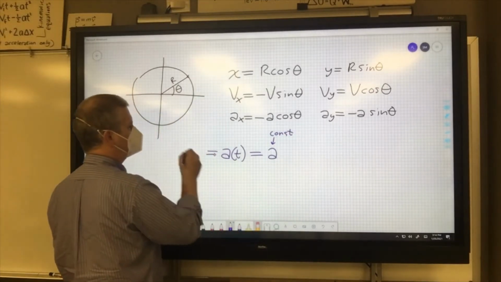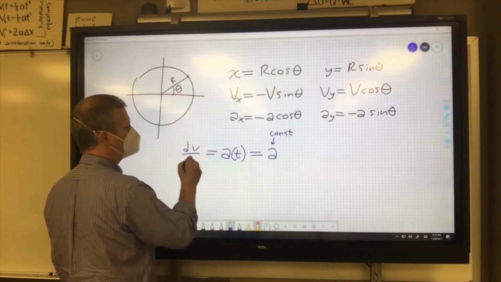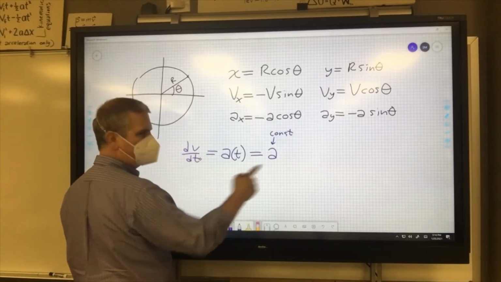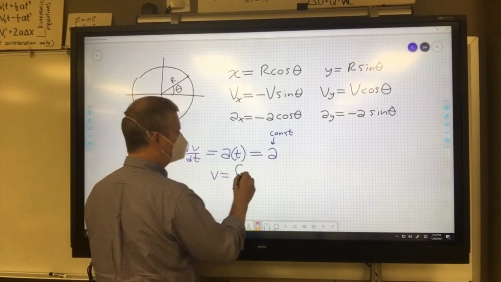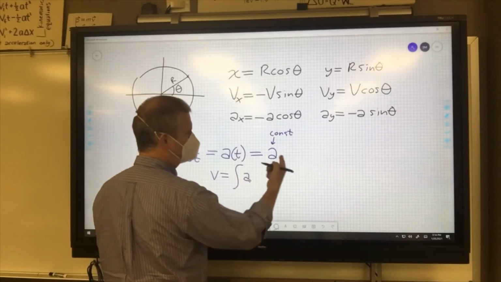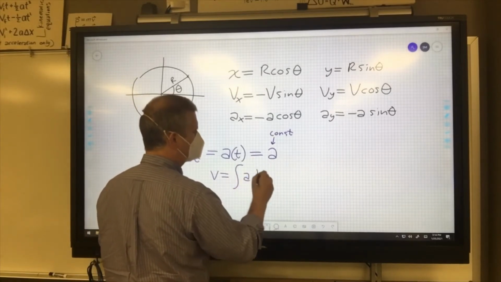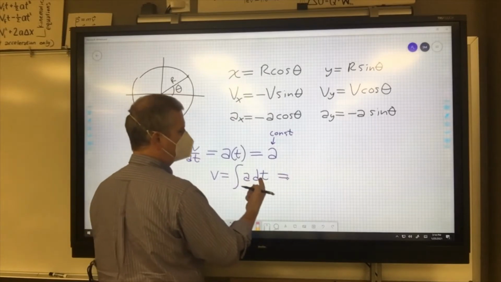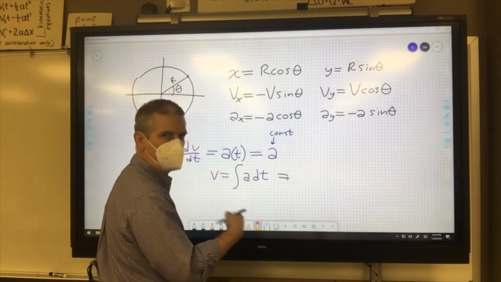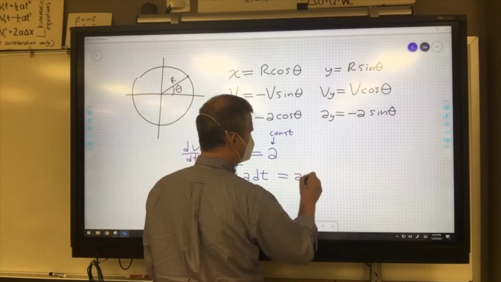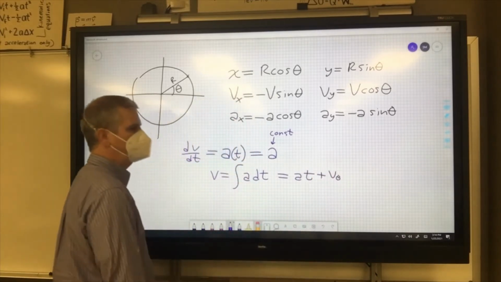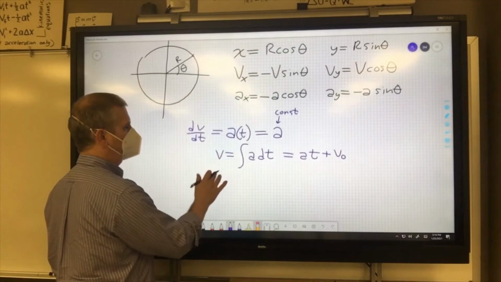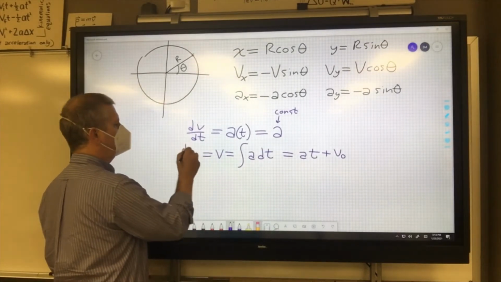Since that equals dv dt, we multiply by dt over here, and we get the velocity equal to the antiderivative of the acceleration, which is a constant, times dt. The antiderivative of dt is just t, plus your arbitrary constant, which is actually your initial velocity. Well, our velocity equals dx dt.